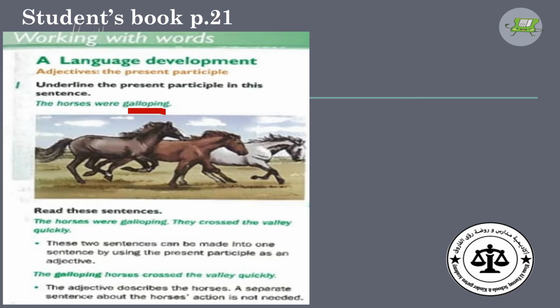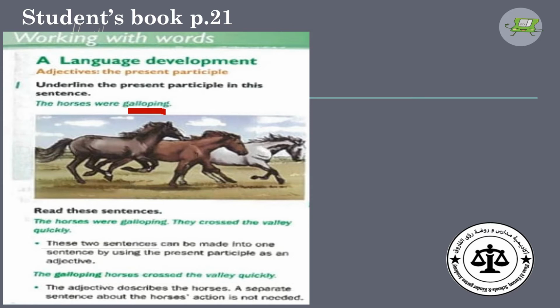The horses were galloping. They crossed the valley quickly. Now we want to change these two sentences into one sentence and use the present participle as an adjective.